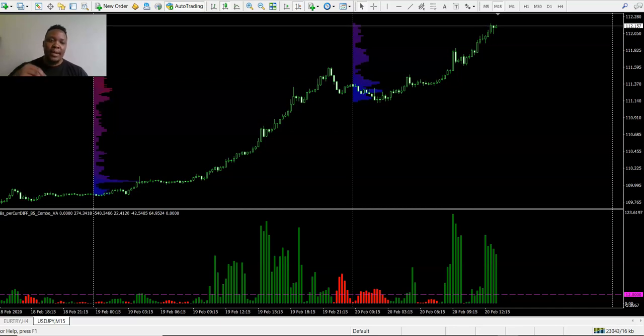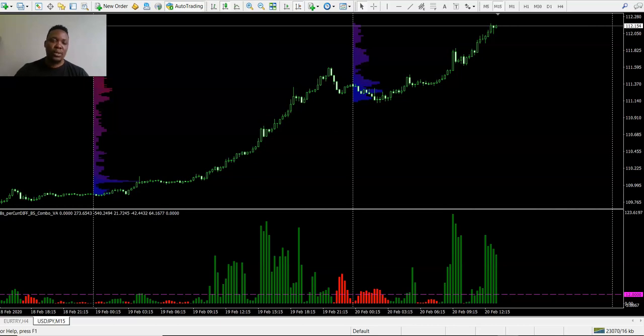So it's still supply and demand. We're still using supply and demand and volume, but the only difference is we are using supply and demand based on the market profile or based on the volume profile.